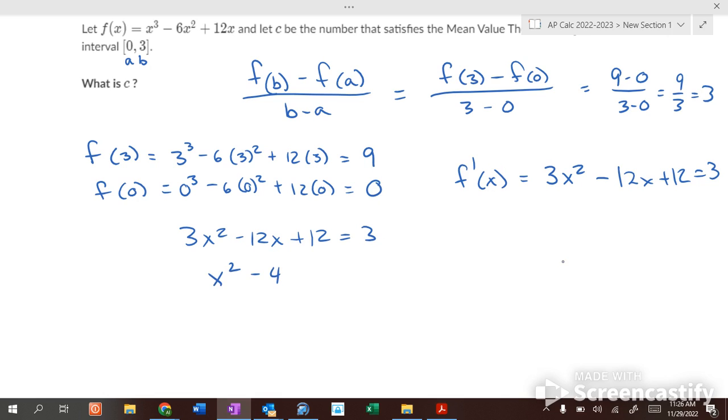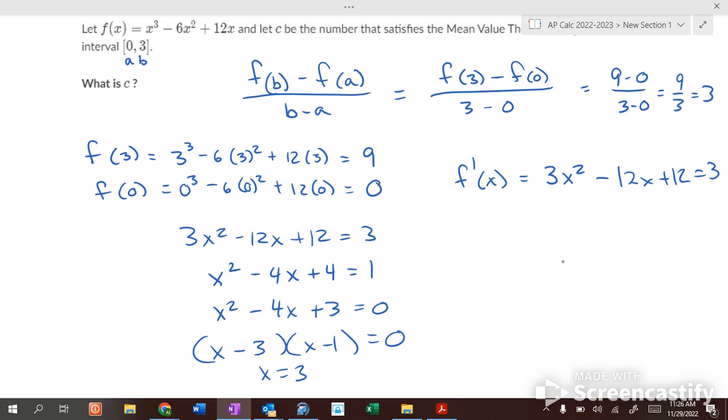So x squared minus 4x plus 4 equals 1, right? Move the 1 over. X squared minus 4x plus 3 equals 0. X minus 3, x minus 1. So x equals 3 and 1.